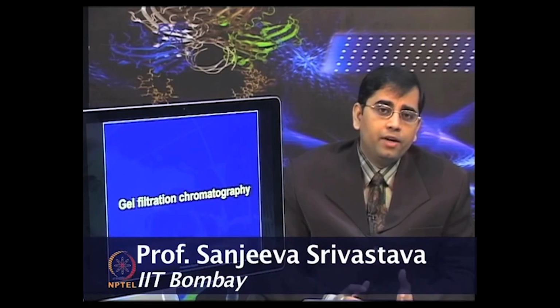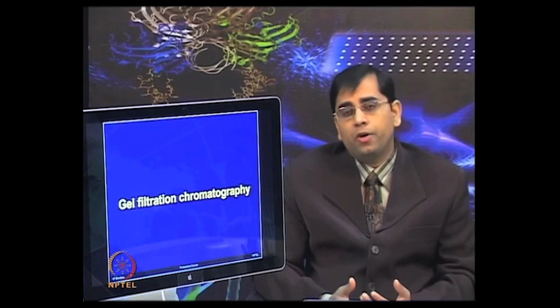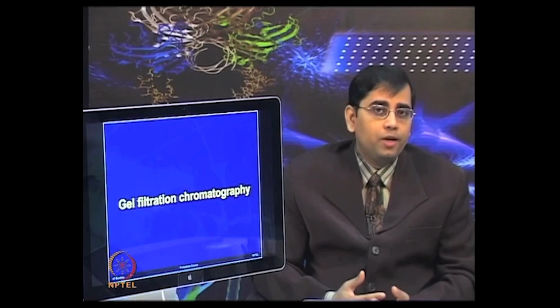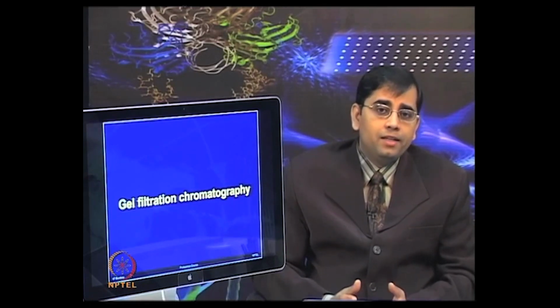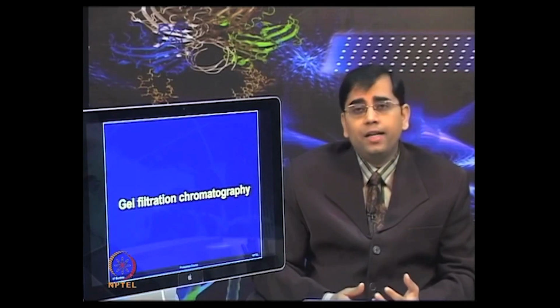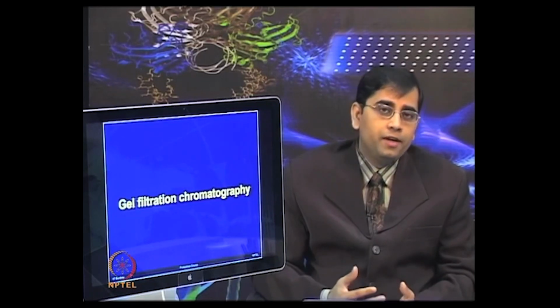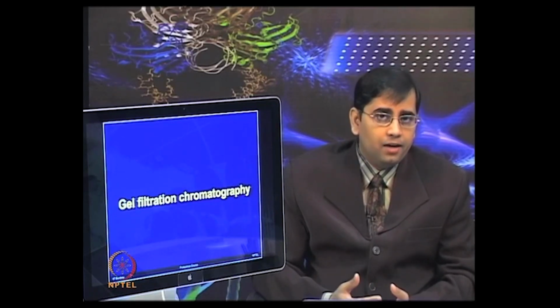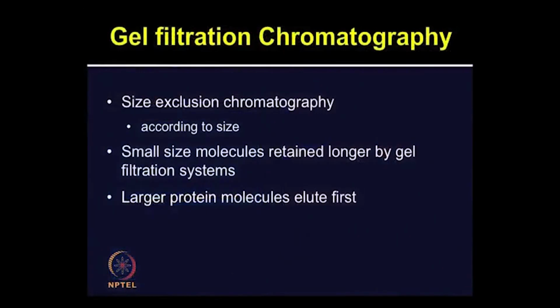If proteins have similar sizes, then gel filtration or size exclusion chromatography is not an appropriate choice for protein purification. This method is also used for various proteomic applications when there is a need to remove contaminants such as salts and low molecular size detergents.